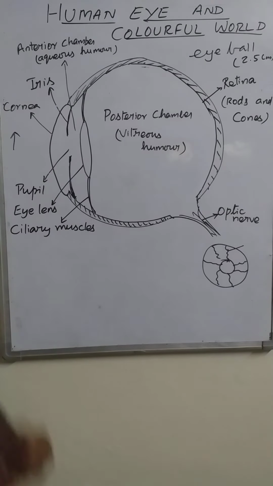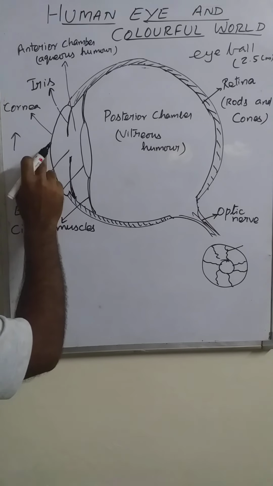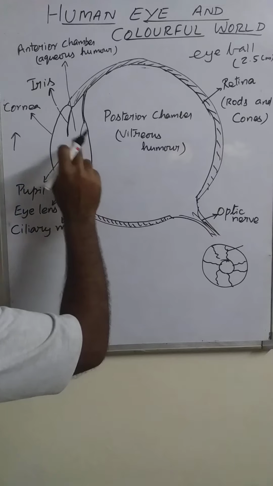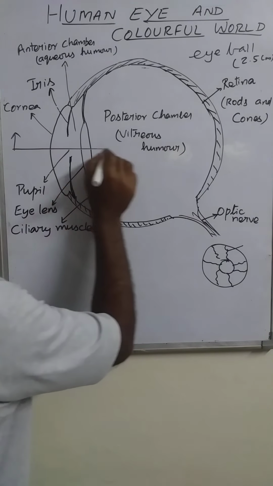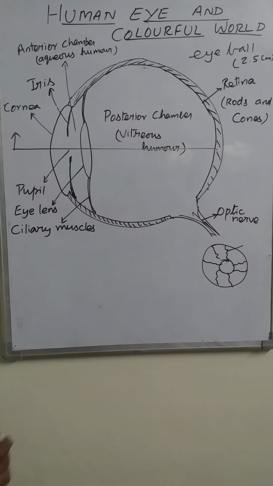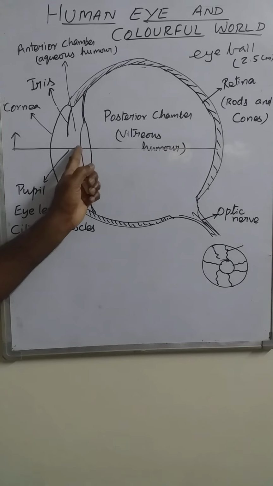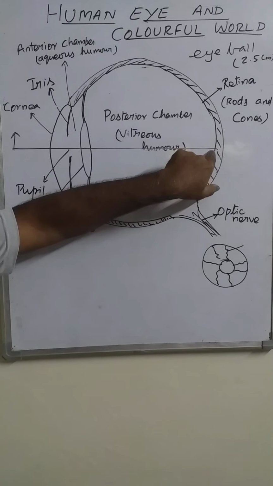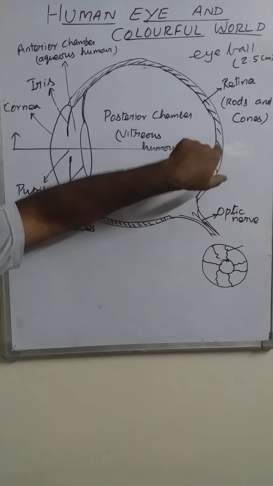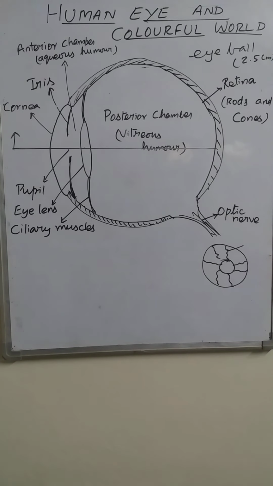Those light rays travel towards the eye, enter the cornea, then refract through the eye lens. The light rays travel into the eye, pass through the liquid, and finally form the image on the retina with the help of these two cells.